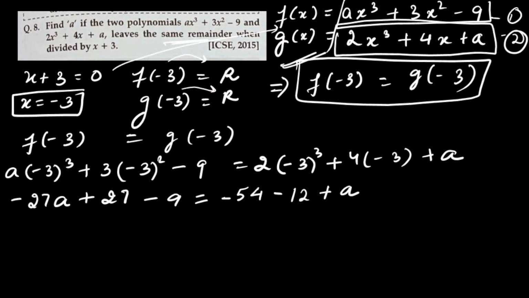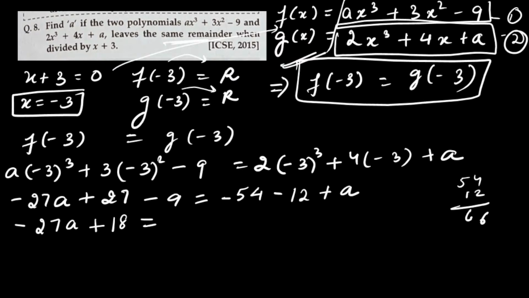We can just simplify this. Like terms we can write together. So minus 27a. Then 27 minus 9 is equal to 18. On the other side, minus 54 and minus 12, minus minus, we can just add them.